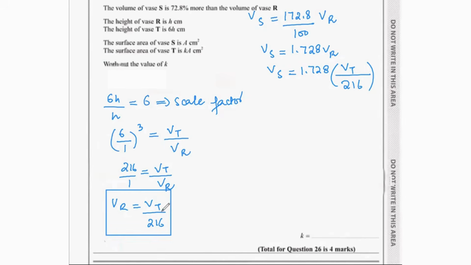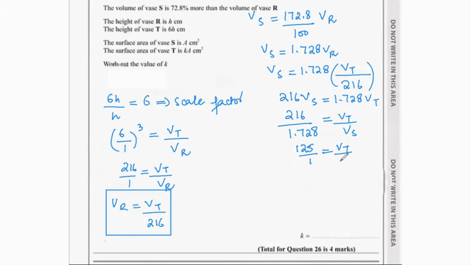The reason we're substituting this is because it allows us to find the scale factor when we're going from base S to base T. So 216 times Vs equals 1.728 times Vt. To figure out the scale factor from S to T, we do 216 divided by 1.728 equals Vt over Vs, which gives us 125 over 1.